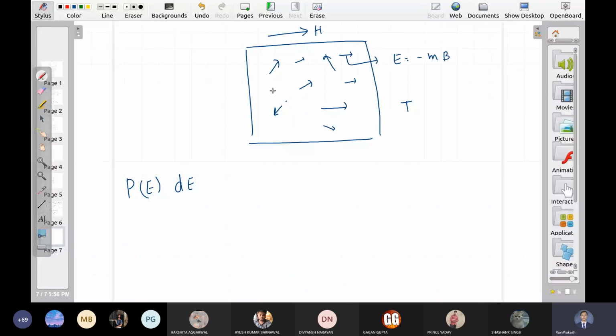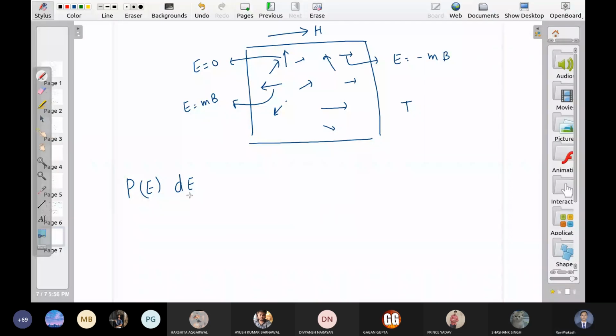Those who are anti-parallel, जो anti-parallel है, उनको कैसे पता करेंगे आप? Their energy is mb. Those who are perpendicular to H, इनको कैसे identify करेंगे आप? Their energy is 0.